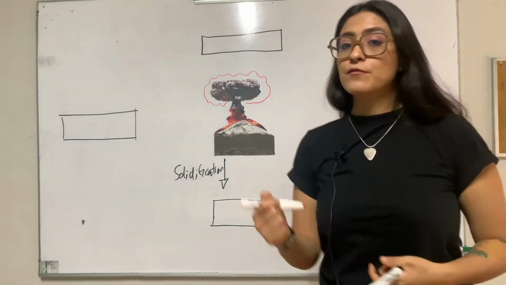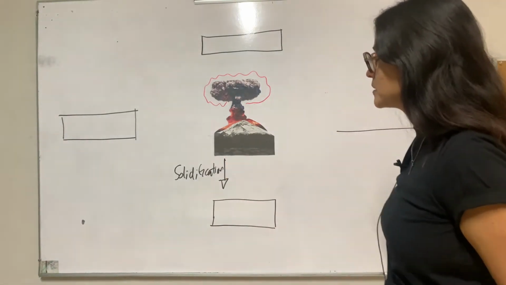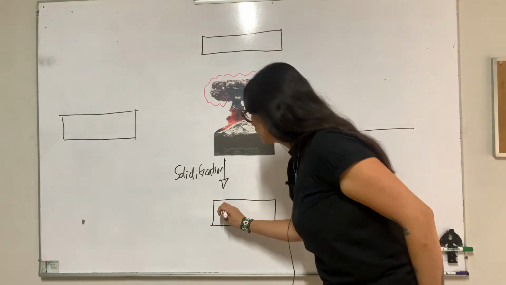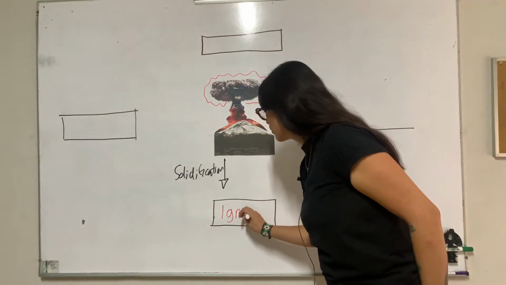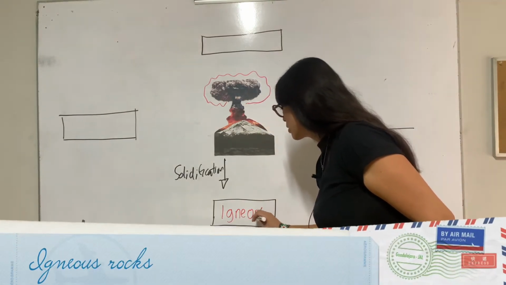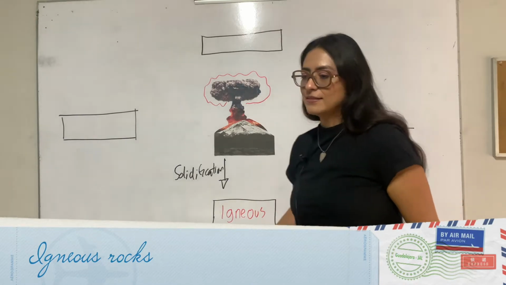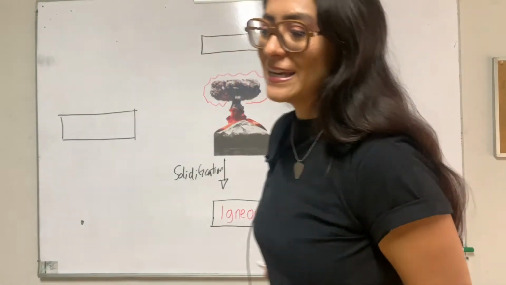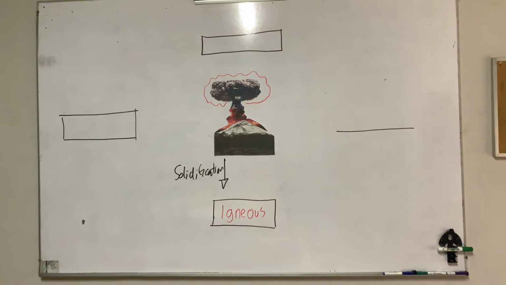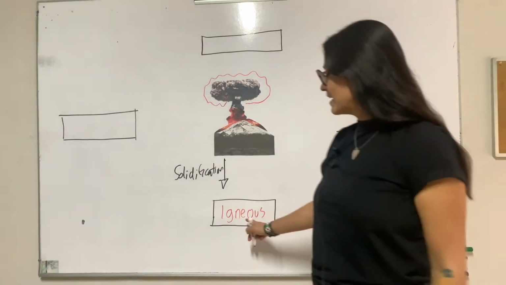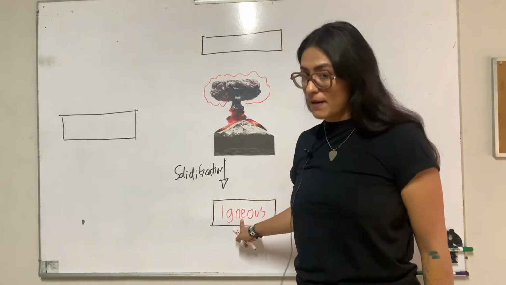The first type of rock that we have after this process of solidification is what we know as igneous rocks. Igneous rocks are basically magma, but solid magma.